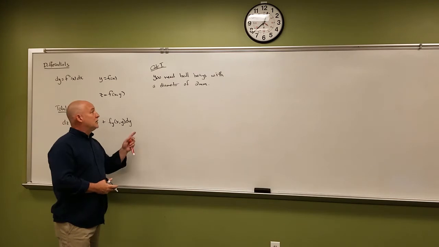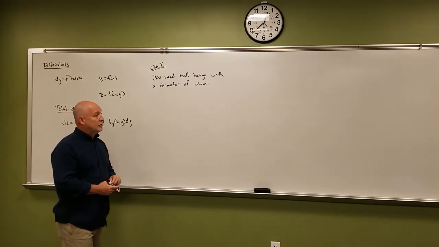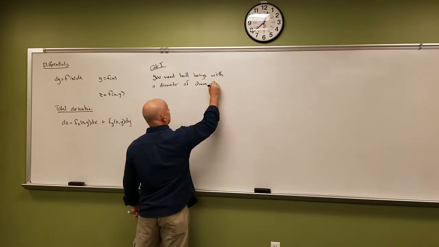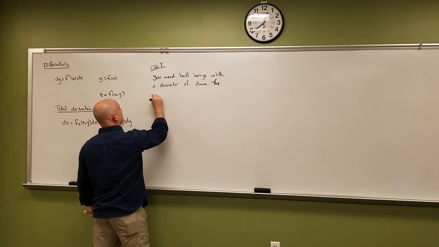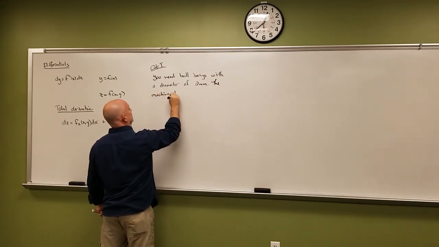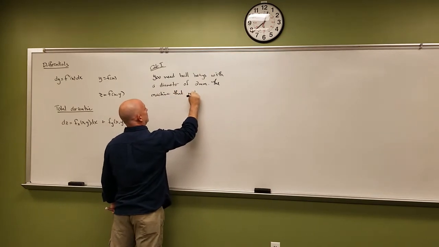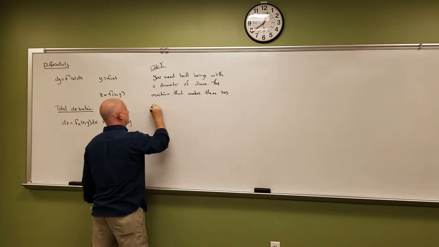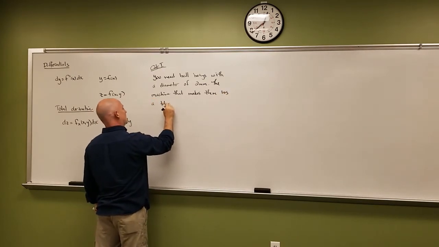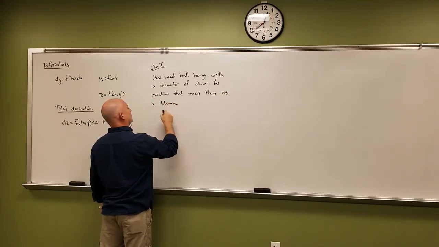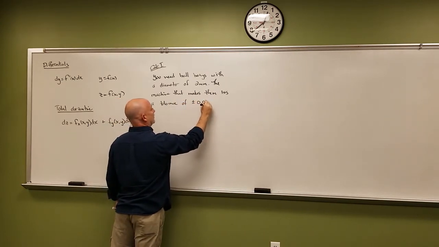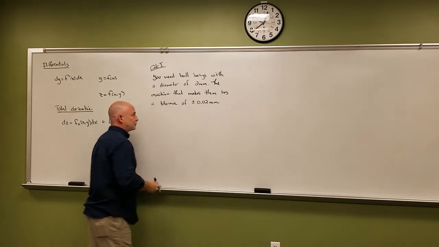So let's say you needed these ball bearings to be 2 millimeters in diameter, and you go to the factory, and the machine that makes them has a tolerance, that might not be spelled right, of plus or minus 0.02 millimeters.